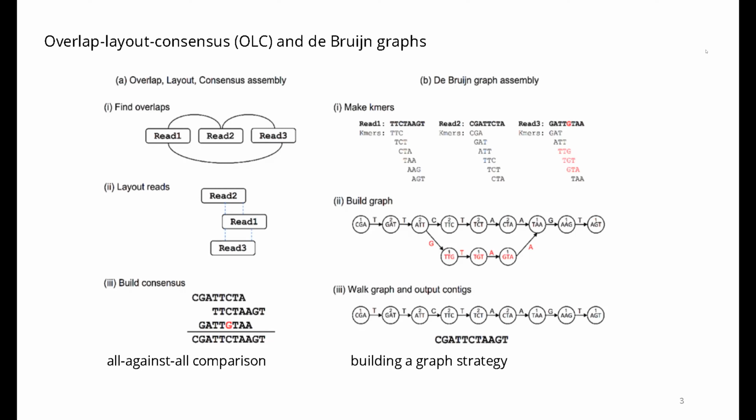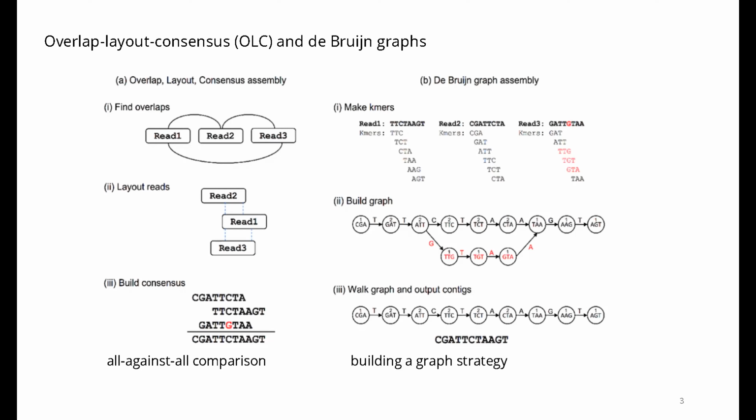There is a misconception that the de Bruijn graph can be applied to long reads. It's true that the de Bruijn graph was used to assemble long Sanger reads, but they are very accurate, so it's not applicable to long error-prone reads.